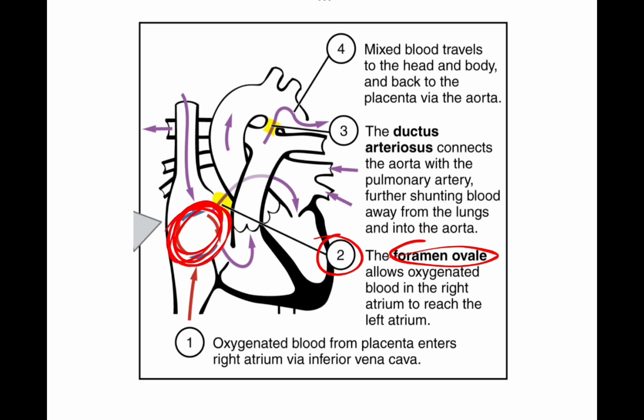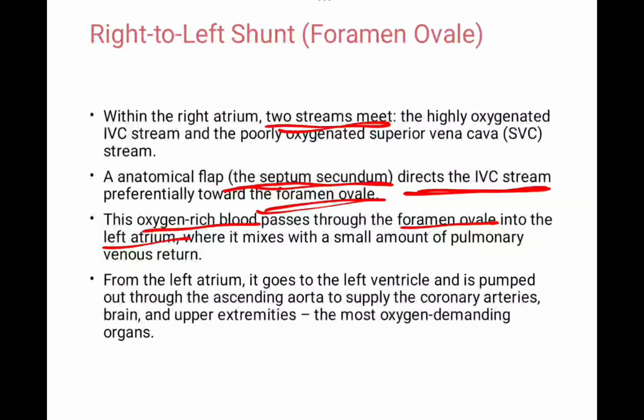The oxygen-rich stream is going to bypass the right ventricle into the left atrium directly. From the left atrium, it goes to the left ventricle and is then pumped out through the ascending aorta to supply the coronary arteries, the brain, upper extremities, the most oxygen demanding organs.